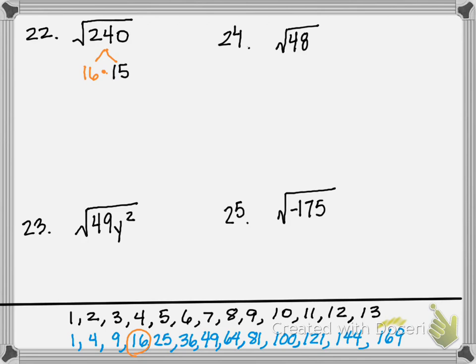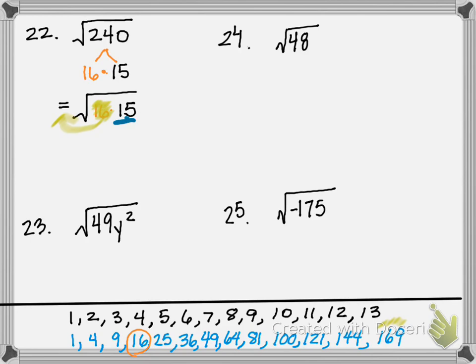So 240 will break down as the square root of 16 times 15. So 16 is a perfect square. So I could actually square root 16 and it's going to come out, but the 15 has to stay where it's at.